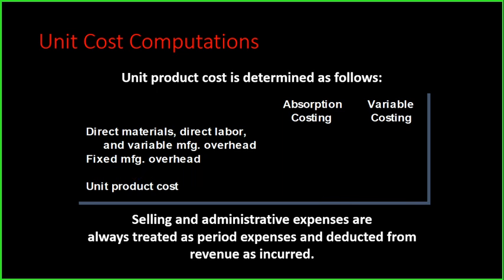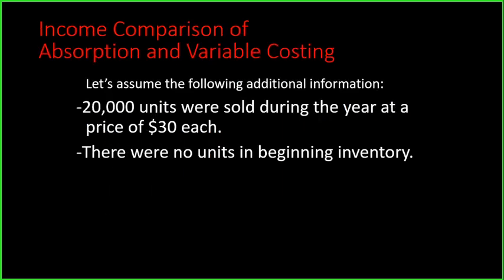Let's continue. Now, let's have some additional information. What if this company were able to sell 20,000 units during the year at a price of 30 each, and there were no units in the beginning inventory. As if this is year 1.